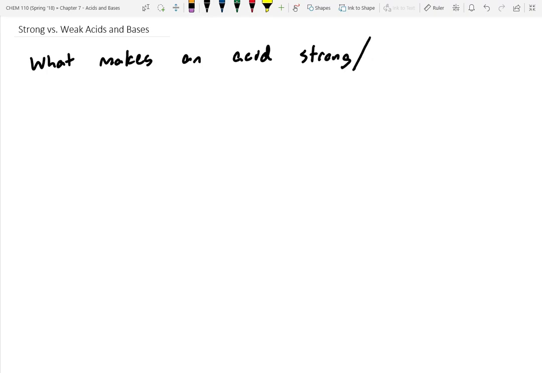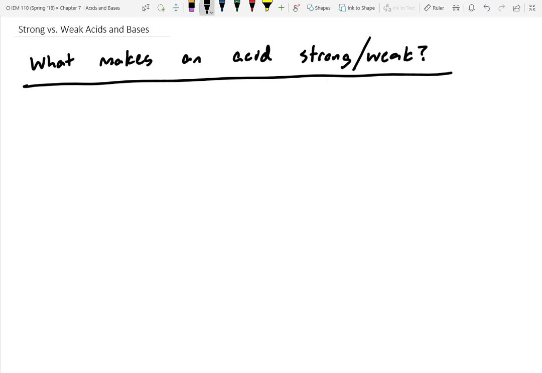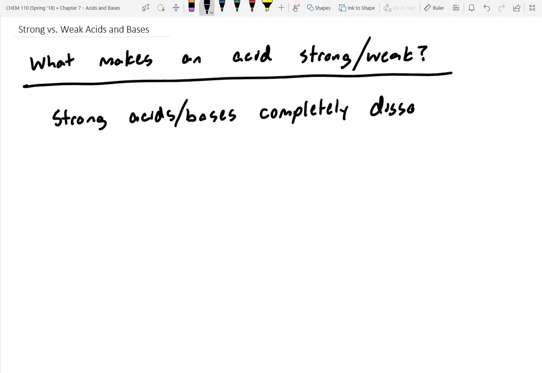The general idea is that strong acids, or bases, I should say, completely dissociate. And I'll show you what I mean by that with an example.